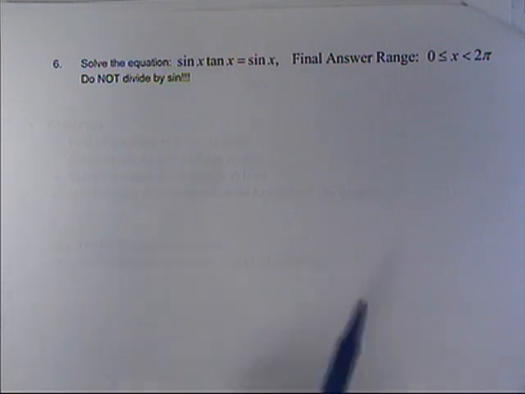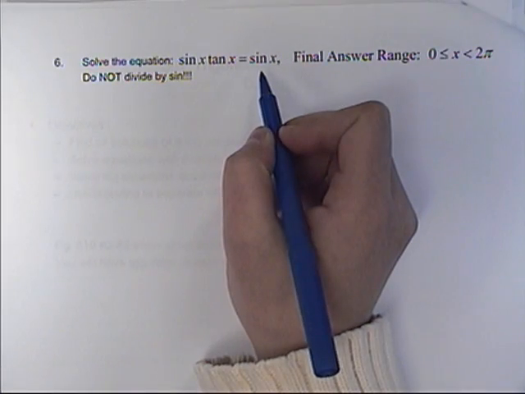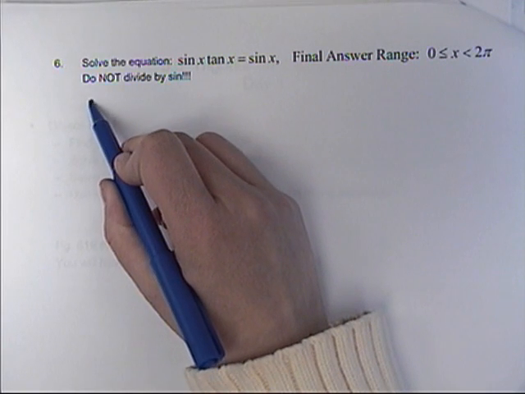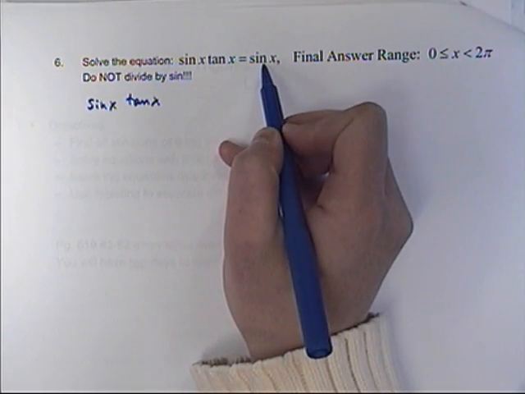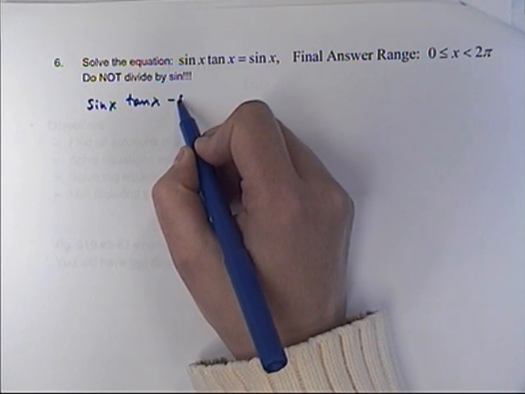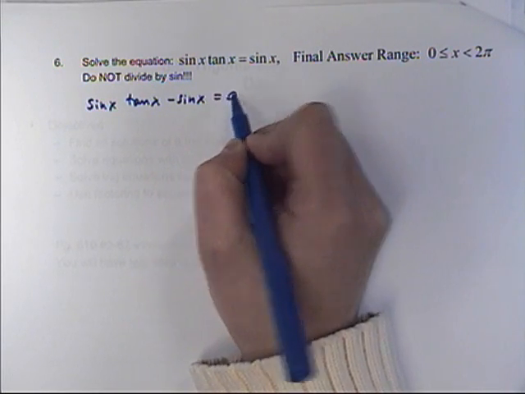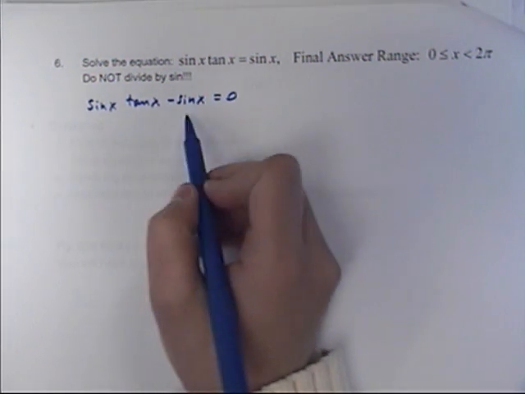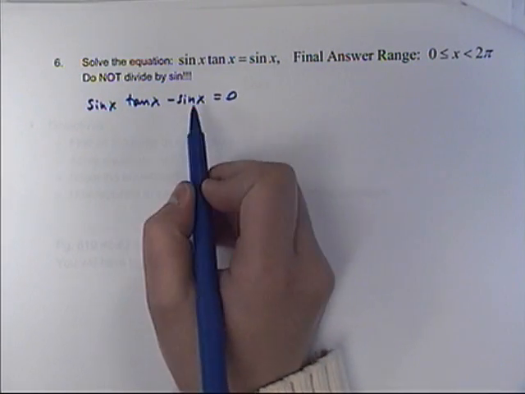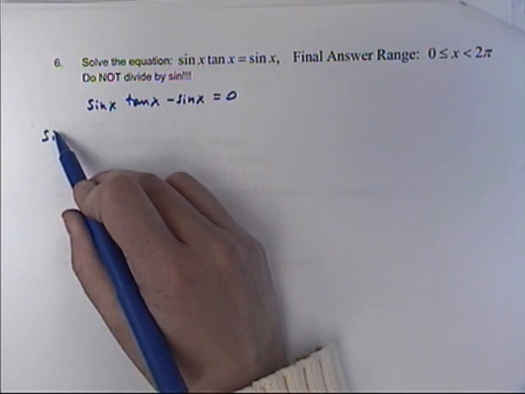So if we can't divide, what are we going to do here? Well, what I would do is move everything over to the left-hand side and set it equal to 0 by subtracting sine on both sides. So I have this expression and then set equal to 0. Then I would say, yes, I do have a sine in common. I have a sine here and a sine here. I'm going to factor that out.